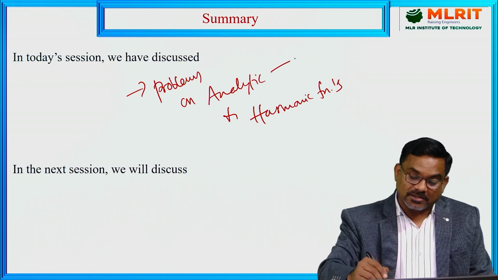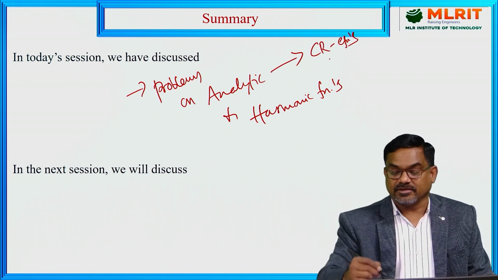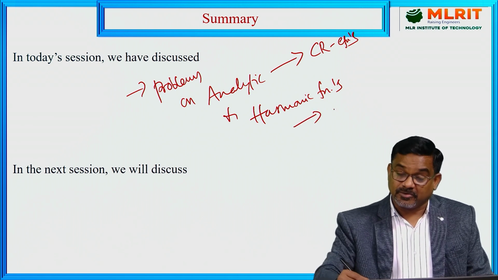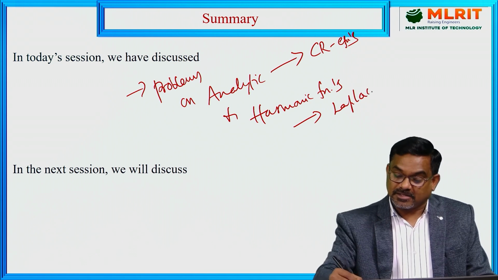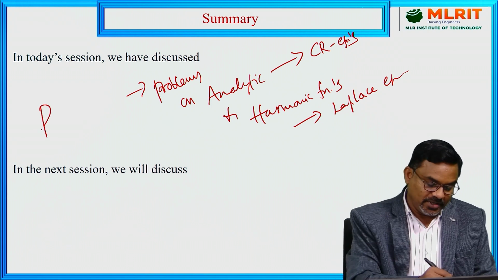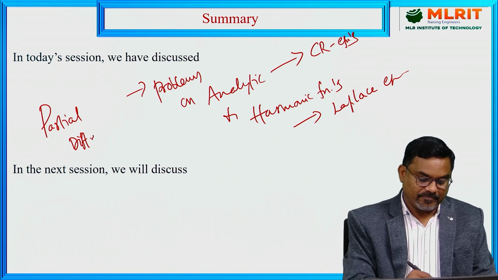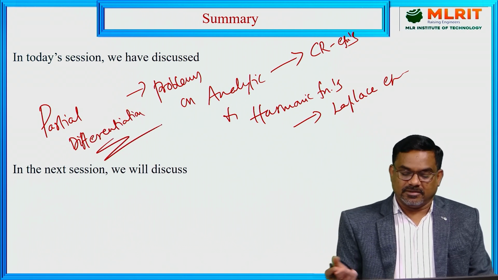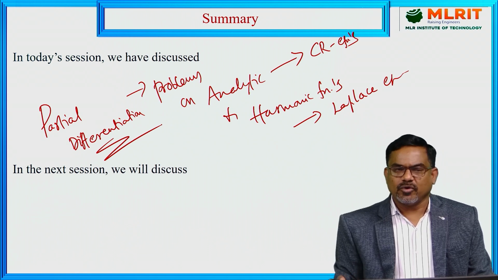To check the analytic nature, we need to check the CR equations, whereas to check whether the function is harmonic or not, we need to check whether the function satisfies the Laplace equation or not. For both concepts, we need partial differentiation. So if you know how to find the partial derivatives, it is very simple to check whether the given function is analytic or not, or harmonic or not.